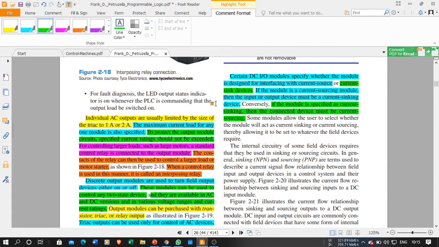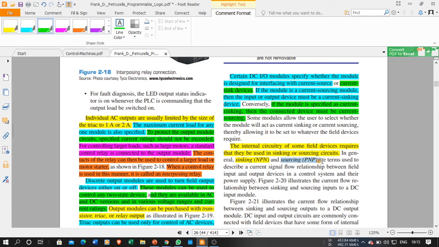Now the internal circuitry of some field devices requires that they can be used as current sourcing or current sinking. What is in the internal circuitry? Generally sinking is NPN and sourcing is PNP.